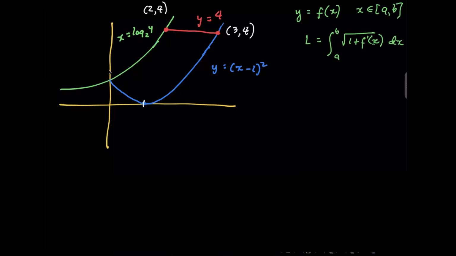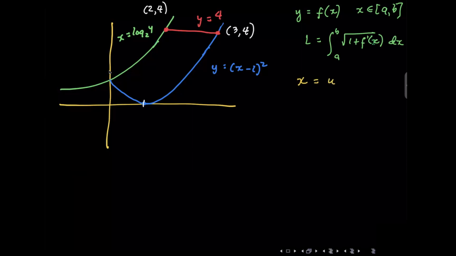If you have an arc wherein x is solved in terms of y, let's say u(y), and y is an element of [c, d], the length is equal to the integral of the square root of 1 + (u'(y))² dy, y from c to d.